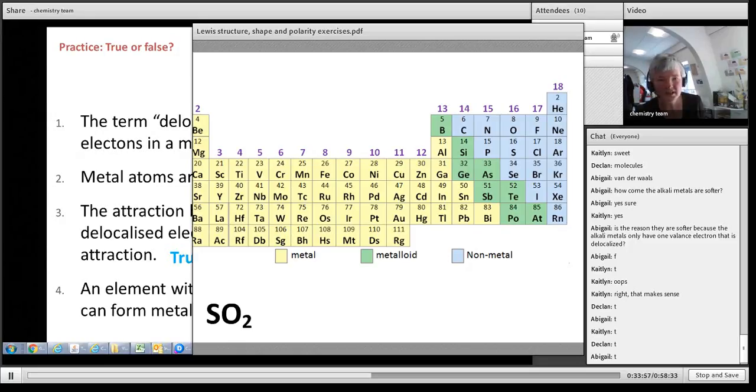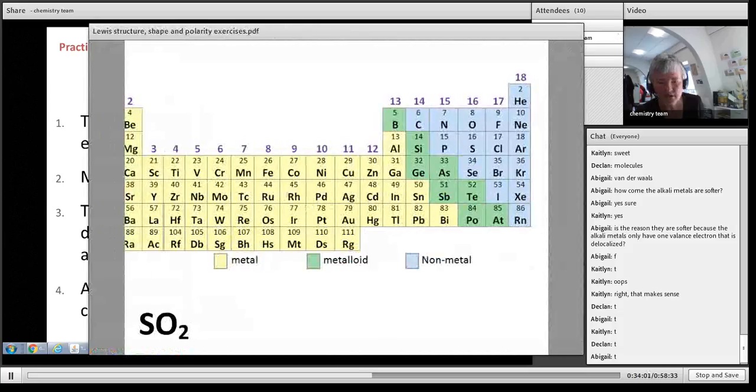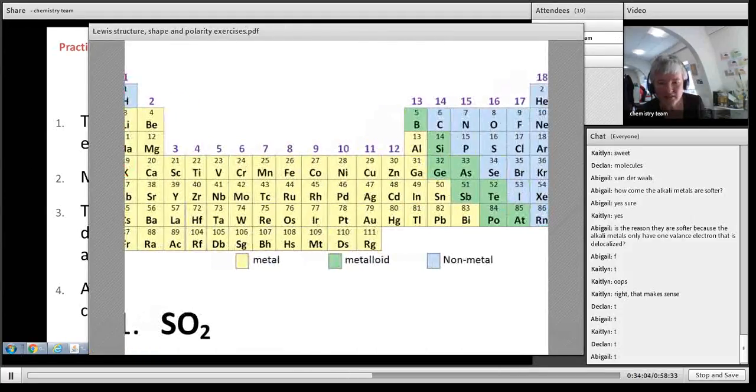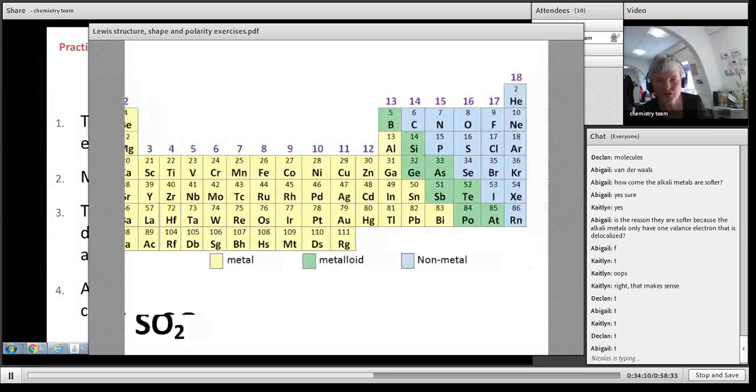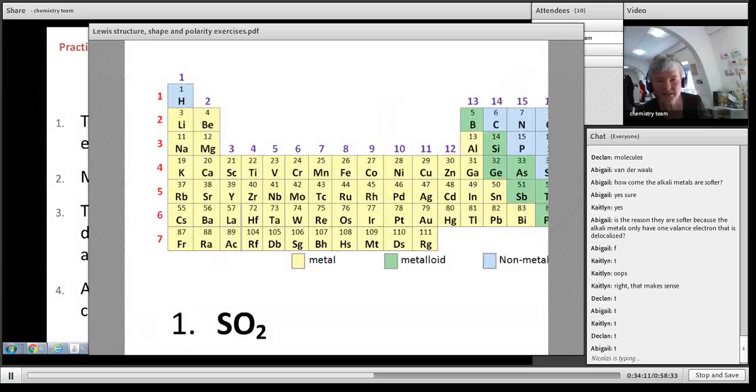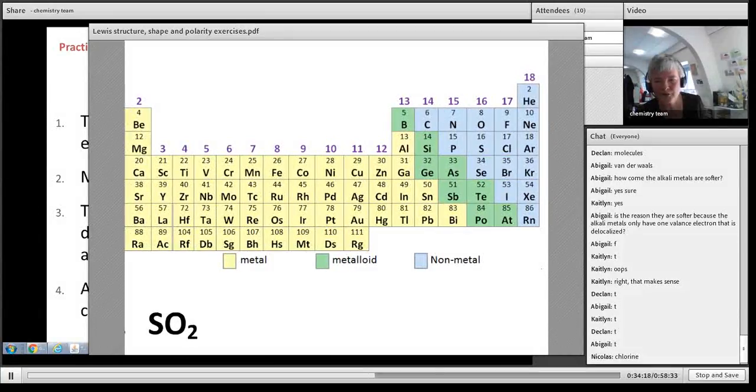Actually, you can't see that. So I've got to drag it out a bit more. Does anybody want to have a guess? Which one is 2,8,7? So 2 is the top row, 8 is the second row, 7 goes to chlorine. Will chlorine be able to form metallic bonds?